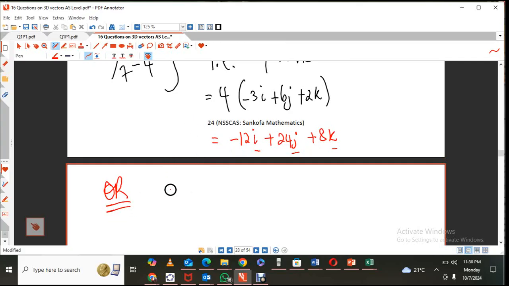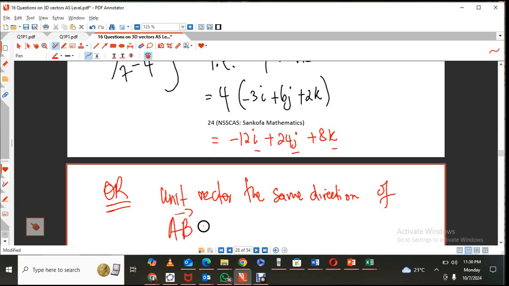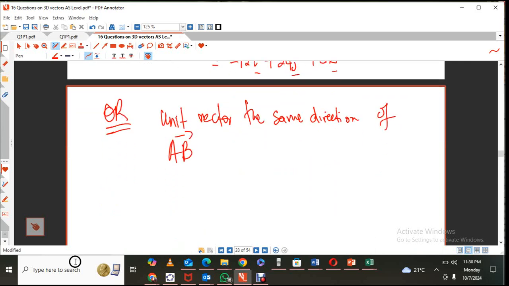the unit vector in the same direction of vector AB would be 1 over the magnitude of that vector, 1 over 7. We have already calculated the magnitude of the vector, so 1 over 7 times minus 3i, vector AB, plus 6j plus 2k.